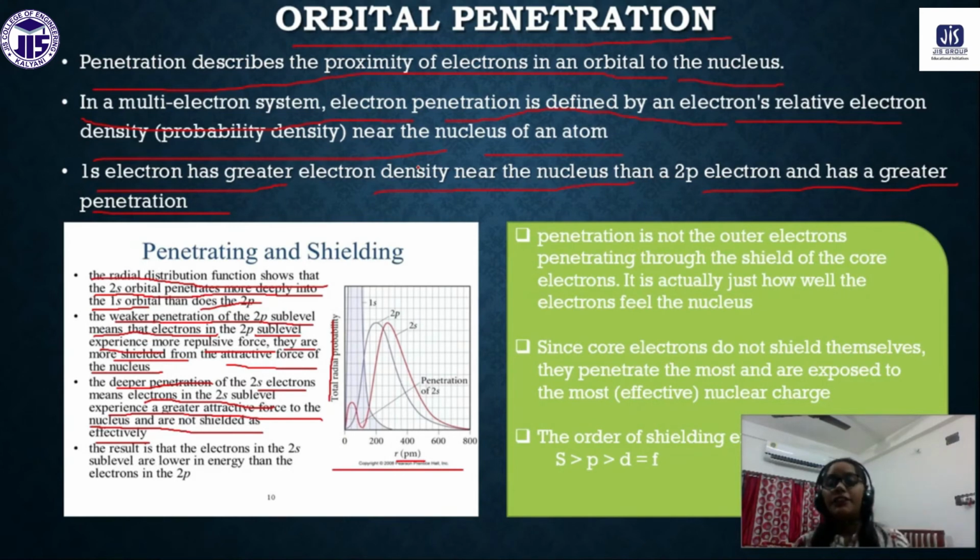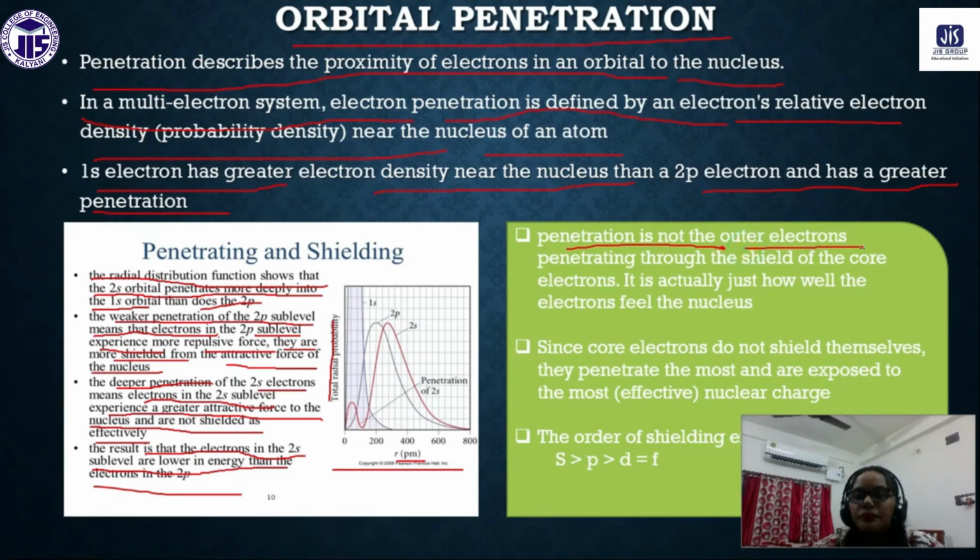Generally, orbital penetration is the interaction with the nucleus, how much the electrons are attracted by the nucleus. The result is that the electrons in the 2s sublevel are lower in energy than the electrons in the 2p orbital. Penetration is not the outer electron penetrating through the shield of the core electrons.